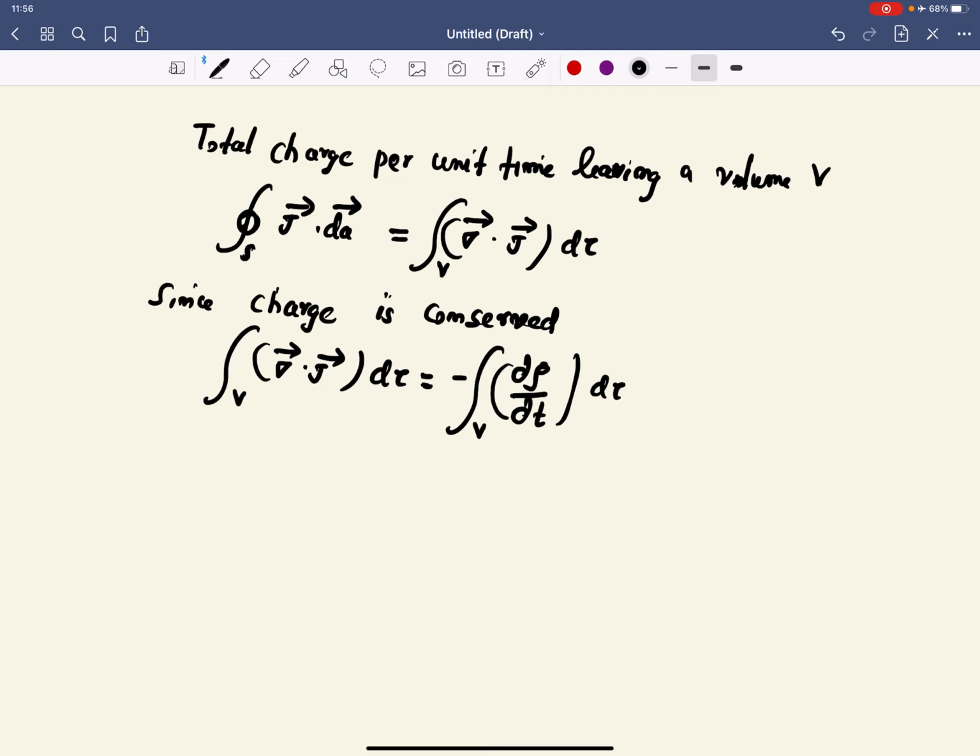Okay, the negative sign is because there is a decrease in charge due to flow.